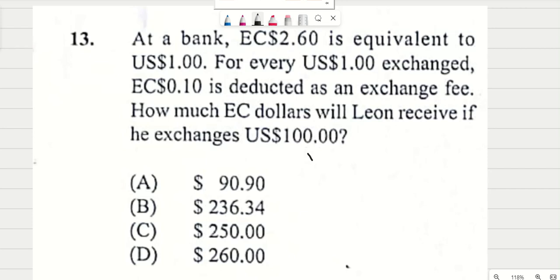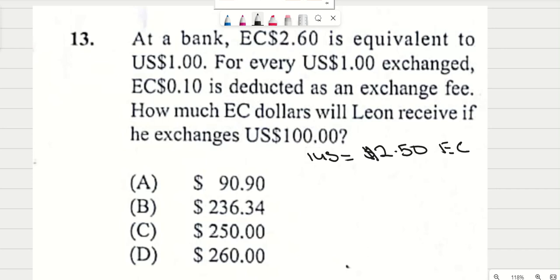So we can say 1 US is equal to not $2.60 EC, but $2.50 EC. How did I get that? Because they said that for every dollar exchanged, they are taking away 10 cents. So we said $2.60 EC minus 10 cents EC would give you $2.50 EC.